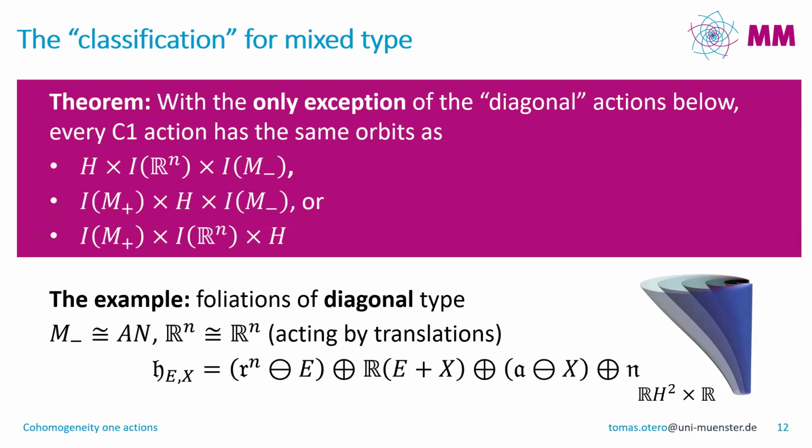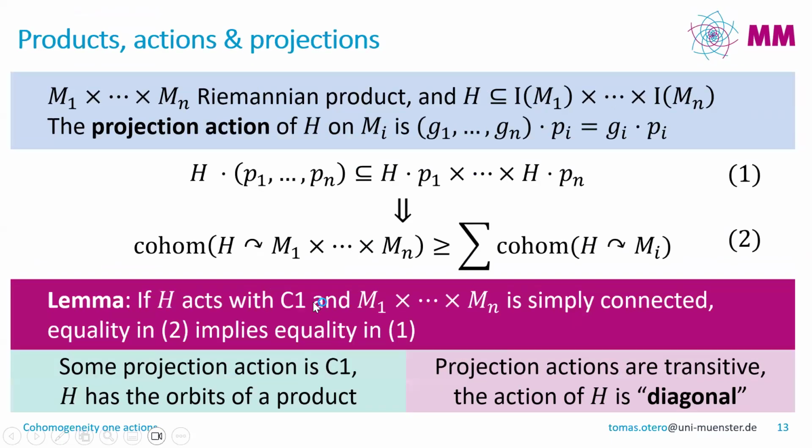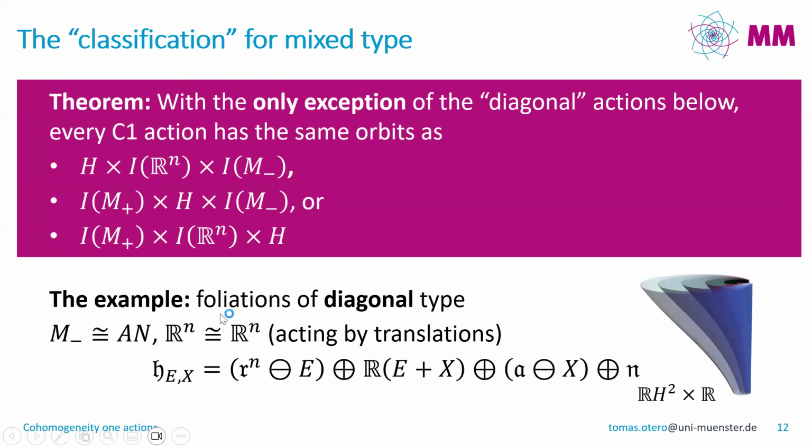All of the orbits are congruent, and in fact it is not so difficult to compute, for example, the mean curvature. And here the action projects, as I will explain later, to transitive actions on each of the factors. So it does not decompose as a product.